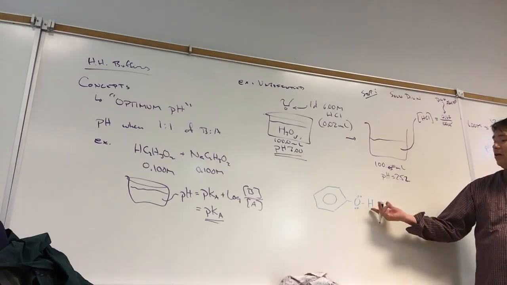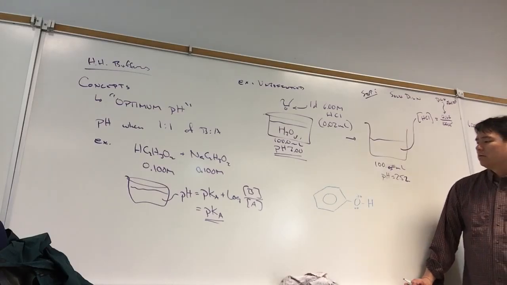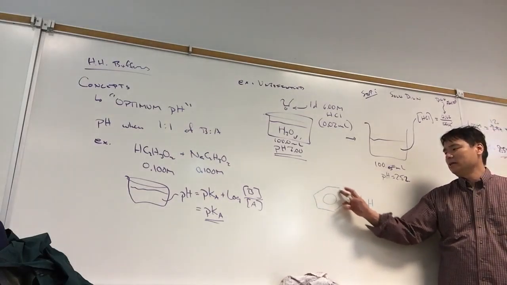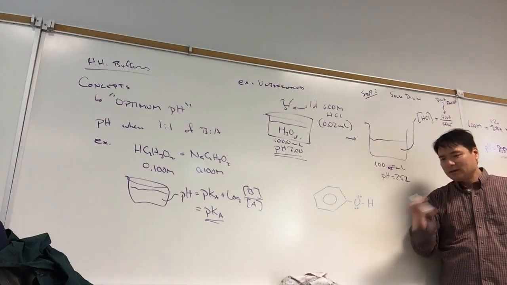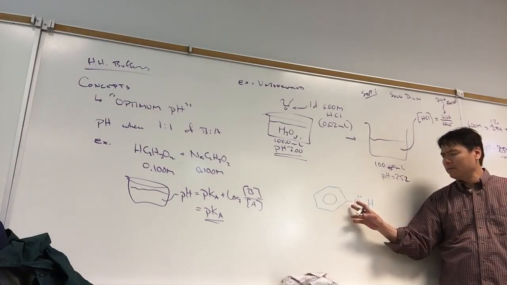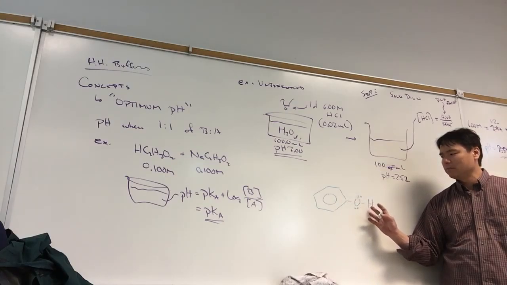So when we look at phenol, what makes phenol a decent acid compared to other alcohols? It must have something to do with this benzene ring. When we look at alcohols, the difference is just what's attached to the OH group.